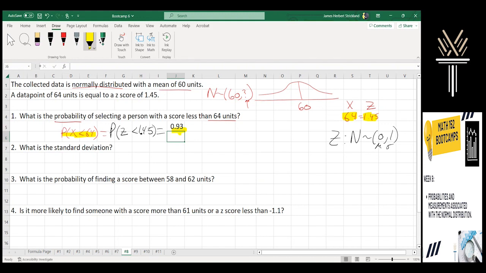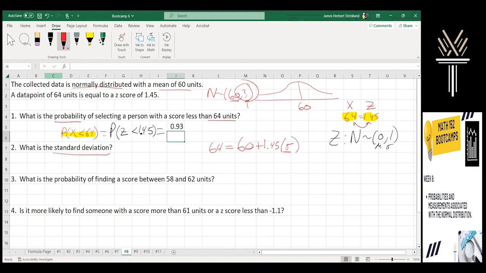Well, that's great. But now we're being asked in the very next question, what is the standard deviation, presumably of the one we're missing, of this one right here? Well, we can use our other facts. We know any observation, in this case 64, is equal to the mean, which we know is 60, plus our z-score, which 64 is associated with a 1.45, so plus because that's positive, times our deviation.